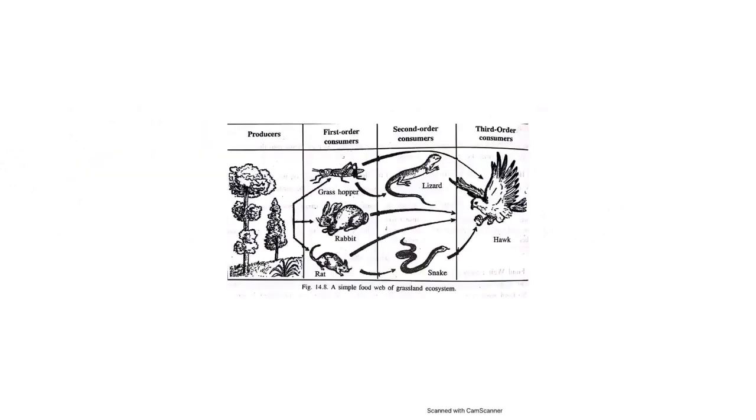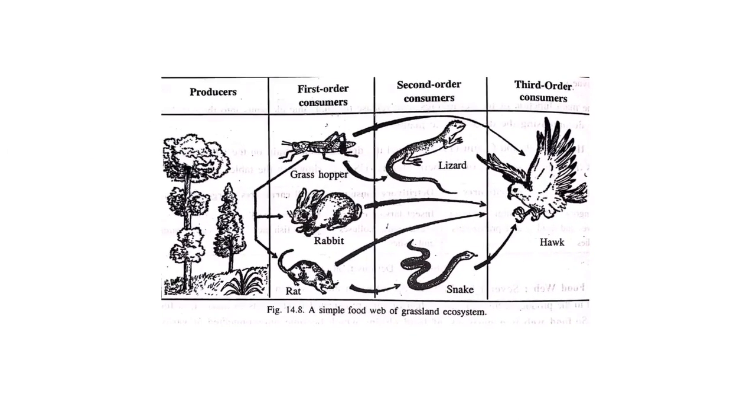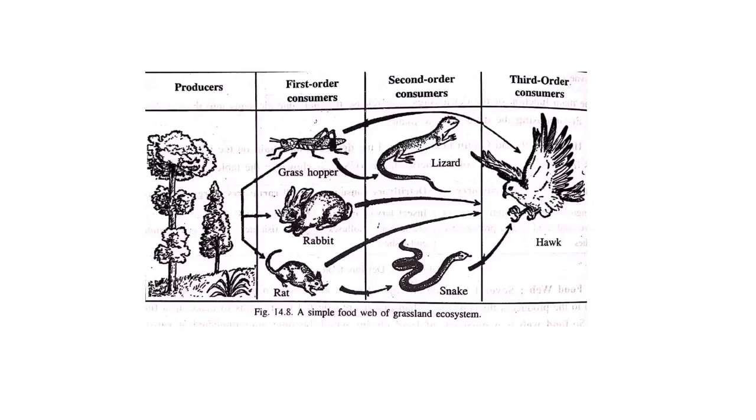Okay, see here. There is a small diagrammatic representation. Here are the primary producers. Take the example of grass. Grass is eaten up by the rat. Rat is eaten up by the hawk. Grass is also eaten up by the grasshopper. Grasshopper is immediately attacked by the hawk.